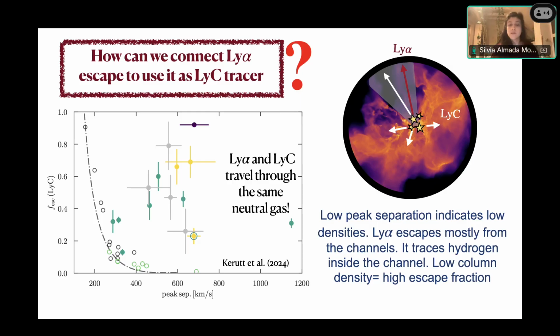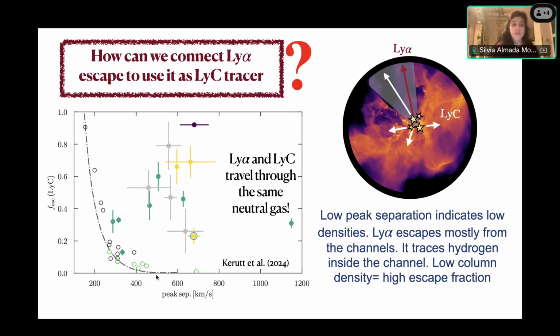Yeah. So this is a very good question, and this is also something that I have been thinking about. Actually, these ones are low redshift, and they fit really nicely. The reason I think this is because they are smaller, so we have a better view of what the global Lyman continuum or the global Lyman-α escape is.